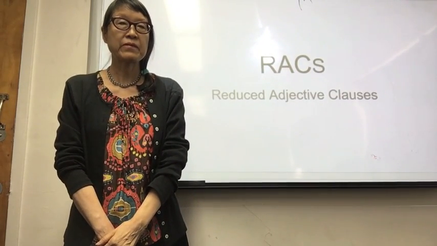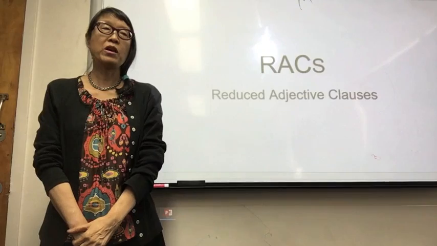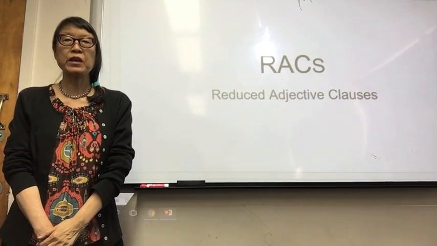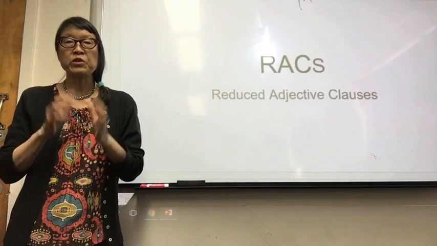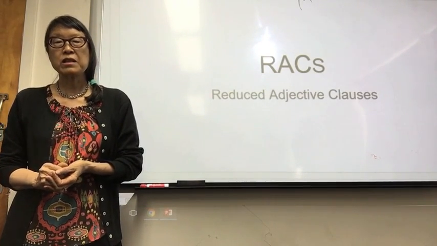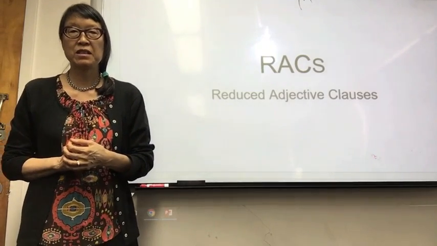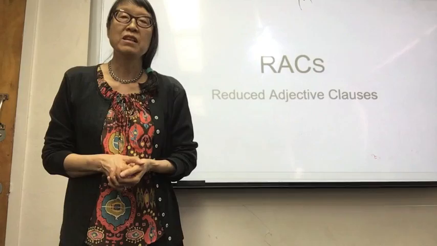So this is the RAC with the ing verb form. Tell us the reduced adjective clause. Consisting of 700 snapshots. Okay, great.